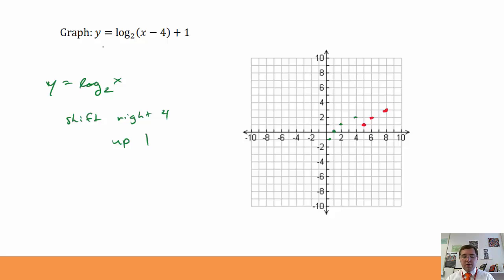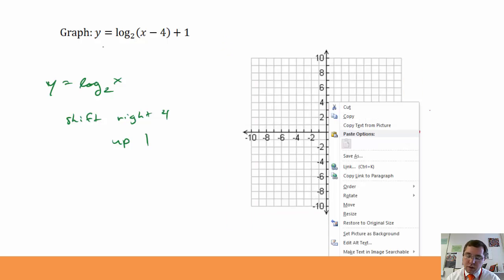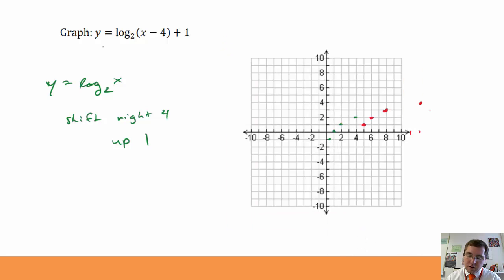The point (8, 3), shifting right 4 will become the point (12, 3), shifting up 1 will become the point (12, 4). Okay? The point (1/2, -1), shifting right 4 will become the point (4 1/2, -1), and up 1 will become the point (4 1/2, 0).